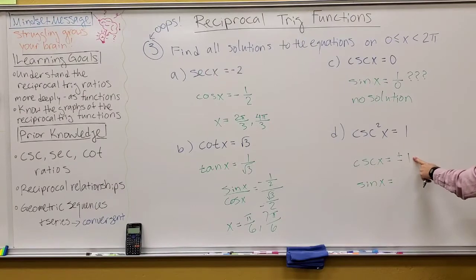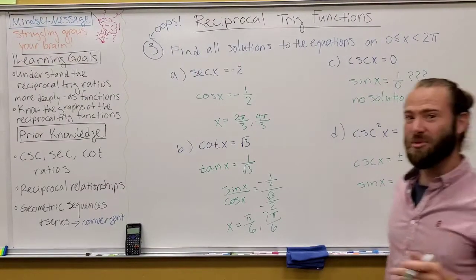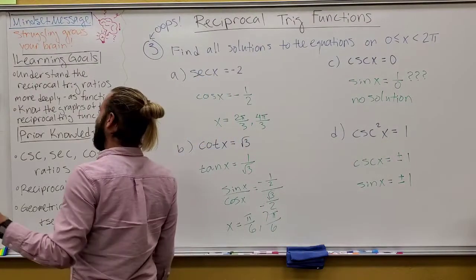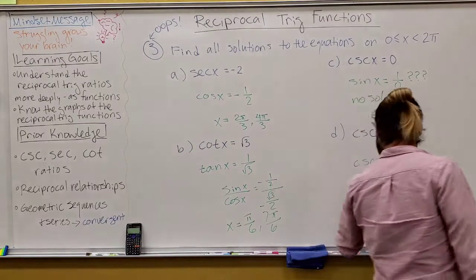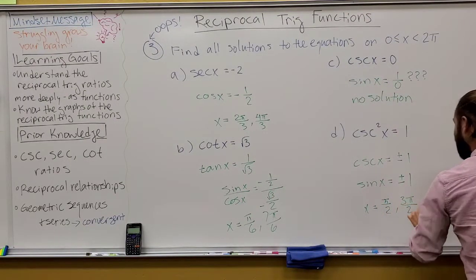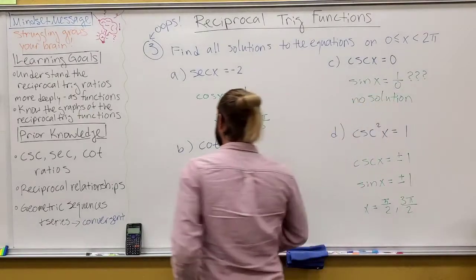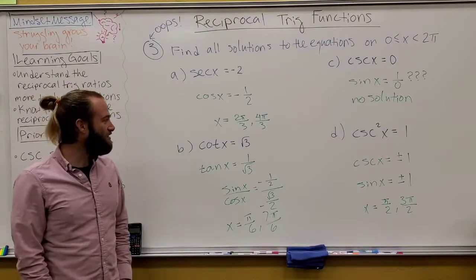Oh, that's nice, it's just plus or minus 1 still. So we're really looking for where sine x is equal to plus or minus 1. Well, that's going to happen at pi/2 or 3 pi/2. Okay, so there's various equations that are good to think about for these.